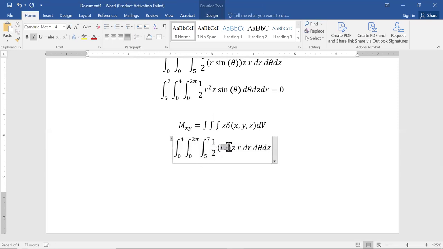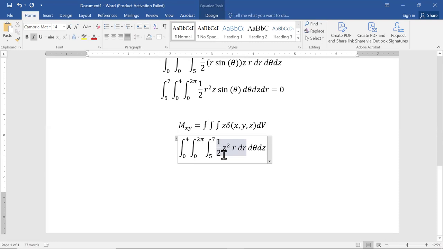When I plug in, 1/2 Z times Z is 1/2 Z squared. So when I take Z times my density function, I get 1/2 Z squared. The dV turns into r dr d theta dz.